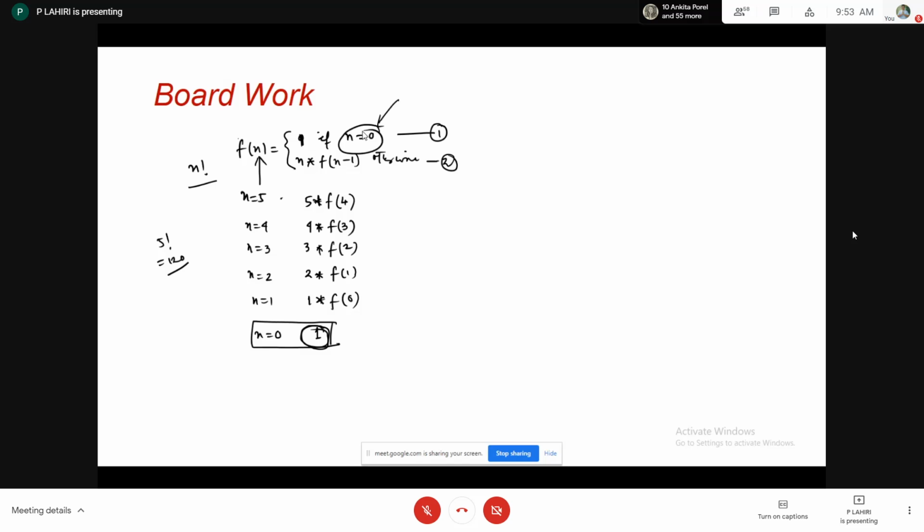But does it mean factorial of 5 equals 1? Is it the actual case? No. That means the last return statement will give you the result, but this is not the case. So the question is, sir, where does this intermediate value lie?